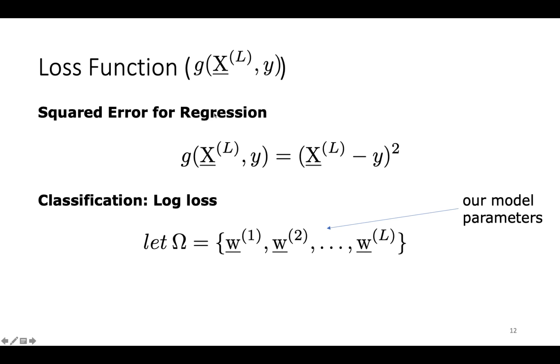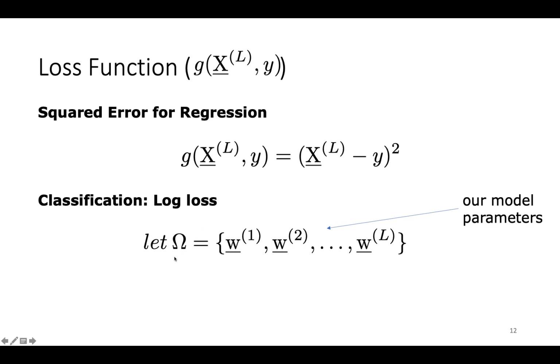In the case of regression, we were using square error, right? In the case of classification, we were using log loss, just like what we did in logistic regression, the binary classification.